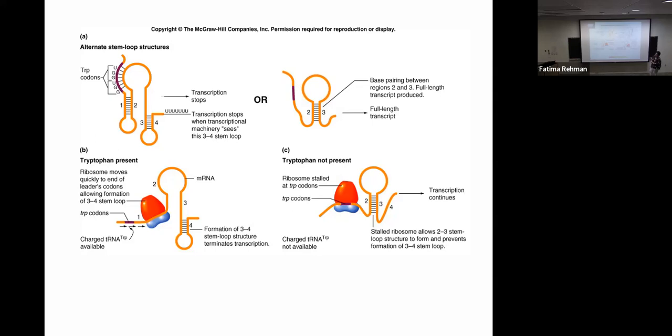It's like the 2,3, I understand that transcribes. It's not the one stopping the tryptophan codon. There's no tryptophan around to go through with this. So this ribosome is stalled, but it allows another ribosome to come through and bind to the actual AUG in the operon in the correct site and start translating that.